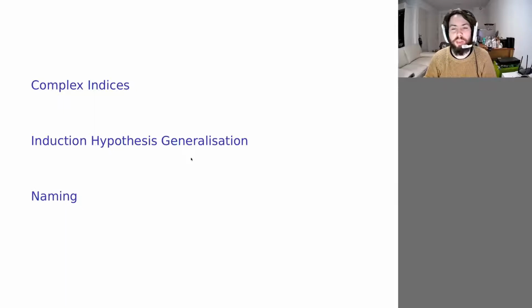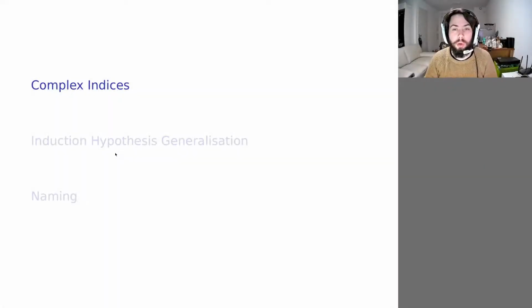Induction hypotheses that are not general enough are also a classic problem when we're doing proof by induction in ITPs, and this is an approach to solving that. And then we'll be talking about naming, which is a surprisingly big part of the new tactic. I'll show you why that's necessary, because if you choose the wrong names, even simple goals can get quite confusing. Alright, let's talk about complex indices.